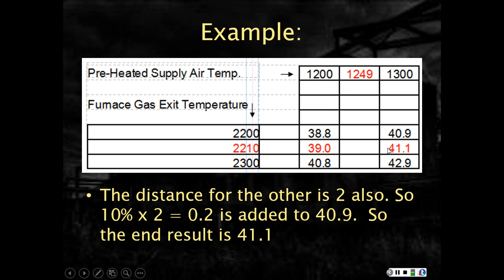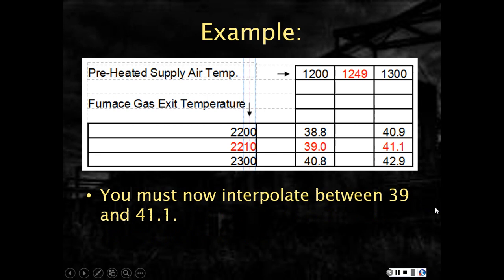So now I have the percent fuel saved at a specific exhaust gas temp. Now I have to figure out what distance I've gone in this direction. So I have to interpolate between the 39 and the 41.1.